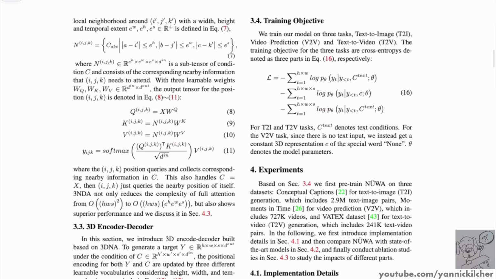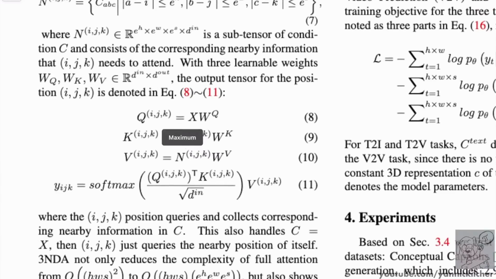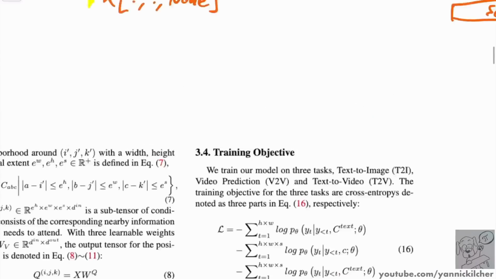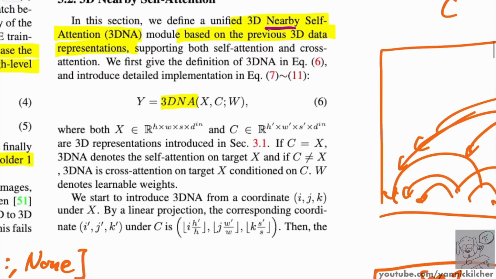They formulate this in a general way right here. So what you'll do is define this for two tensors, x and c, and sometimes those are the same and sometimes not. Specifically, x can be c, in which case it's self-attention, or x can be y, in which case it is cross-attention from y to c. I guess c could also be y, in which case it is self-attention from y to y.